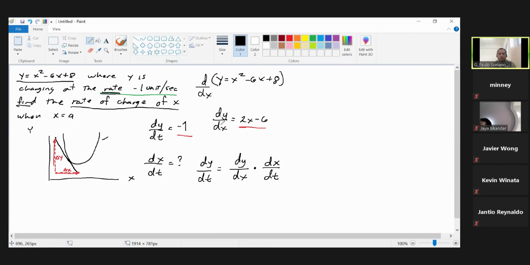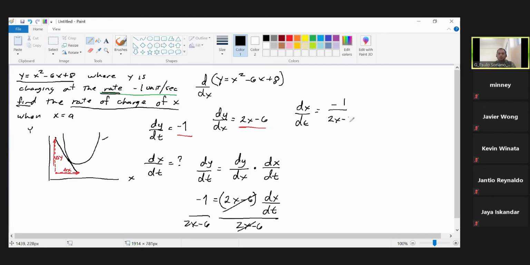So what we have is dy/dt, that means negative 1 equals dy/dx, which is 2x minus 6, multiplied by dx/dt. All you need to do is divide both sides by 2x minus 6. So dx/dt is equal to negative 1 over 2x minus 6.